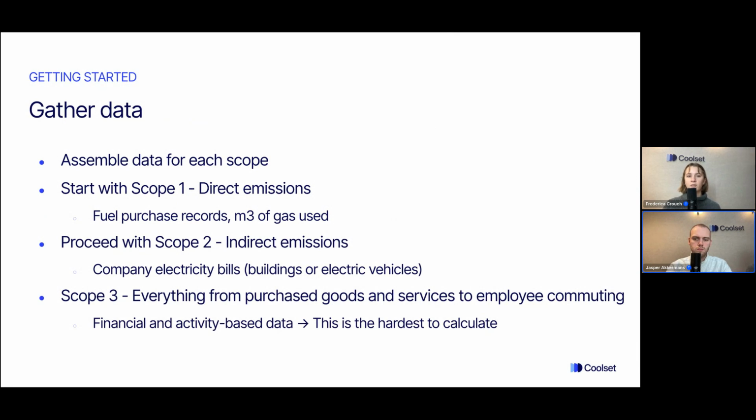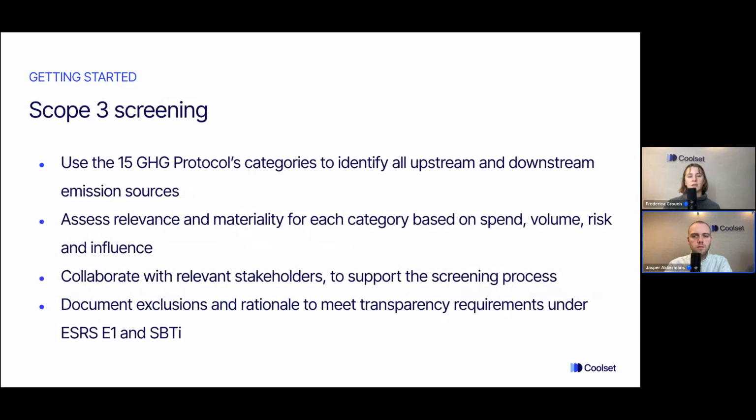We recommend here again getting buy-in from stakeholders, starting with your financial records. So where does most of your money go, your largest ledgers and vendors, and start mapping there, but also getting buy-in across the company to determine your biggest areas. If we move on, we can see that a scope 3 screening will help here.